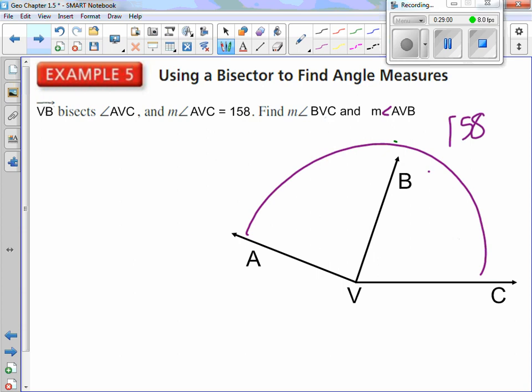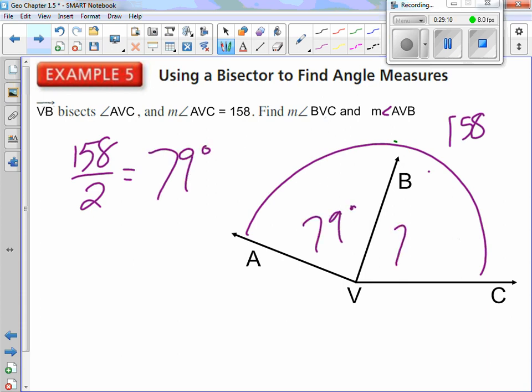So what would I do with 158? We divide it by 2, because it cut it in half. So both parts would be 79 degrees. Do you all agree with that? Questions on this here? No? We good with this here?